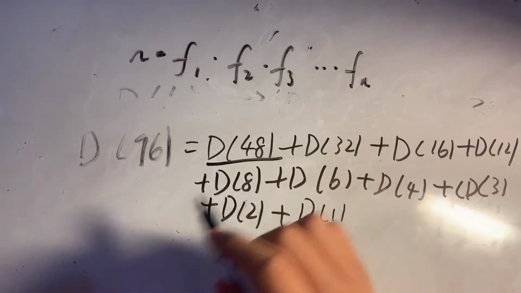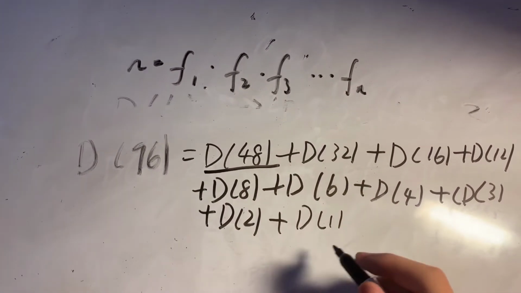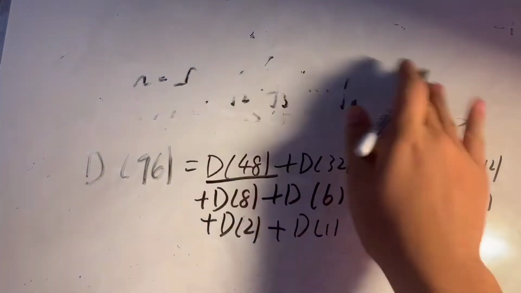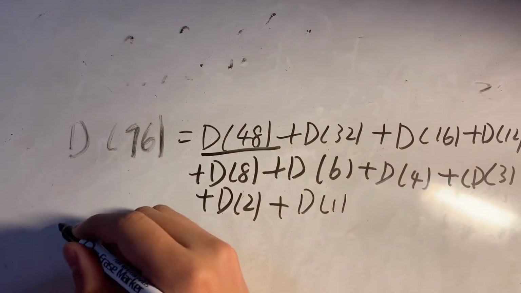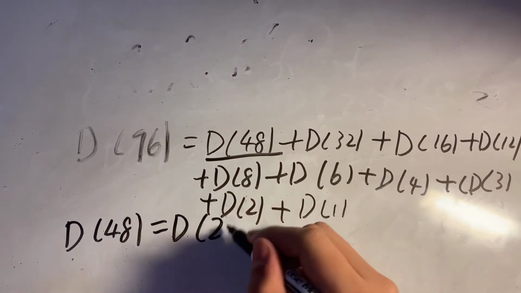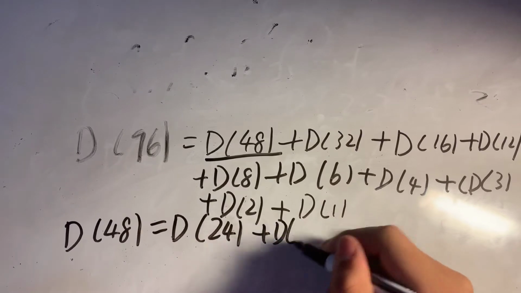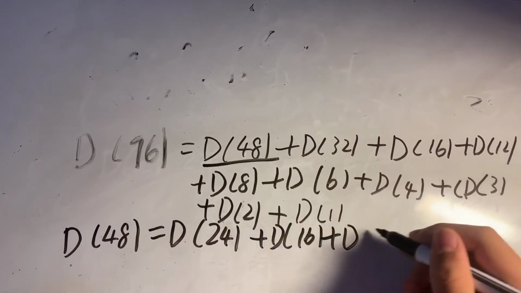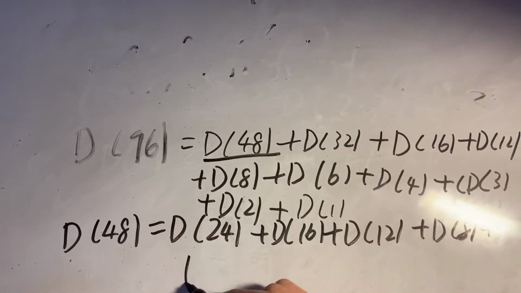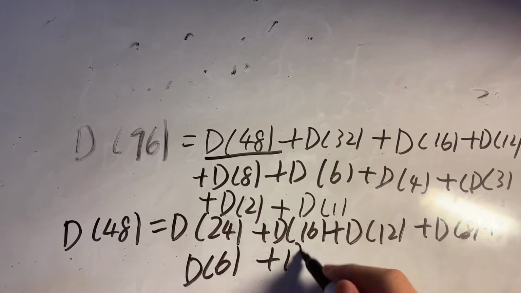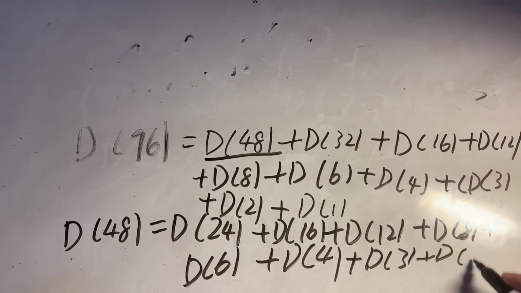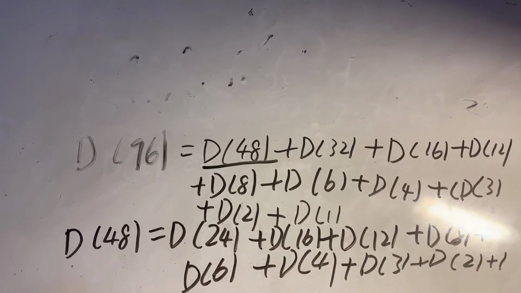It is hard to compute these directly, so we can compute them one by one. Let's start with d48. d48 is equal to d24 plus d16 plus d12 plus d8 plus d6 plus d4 plus d3 plus d2 plus d1, which is 1.